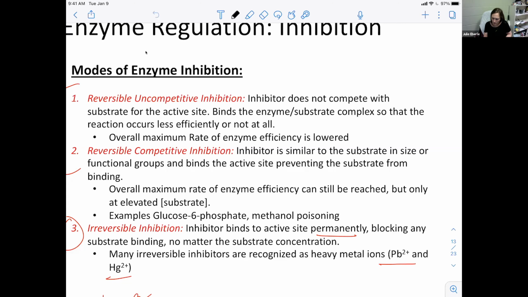Okay. When we're talking about slowing the bacteria, focus on the part that says it does not bind into the active site. Okay, this inhibitor doesn't bind the active site. It binds somewhere else. In competitive inhibition, the inhibitor does bind the active site. In irreversible inhibition, it binds the active site permanently.